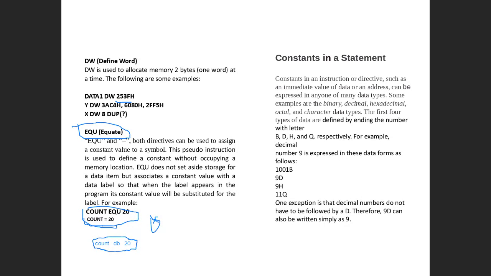Here we also use a variable, but it is not saved in memory. That's the difference. Look at here: EQU works without occupying a memory location. EQU doesn't set aside storage for a data item.